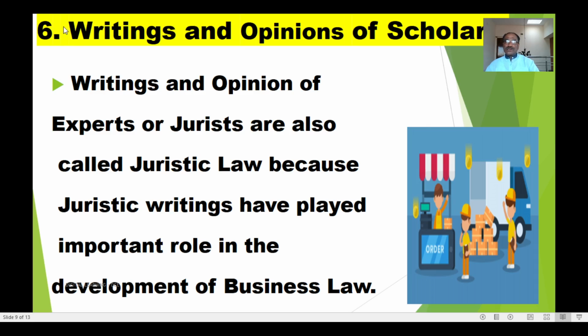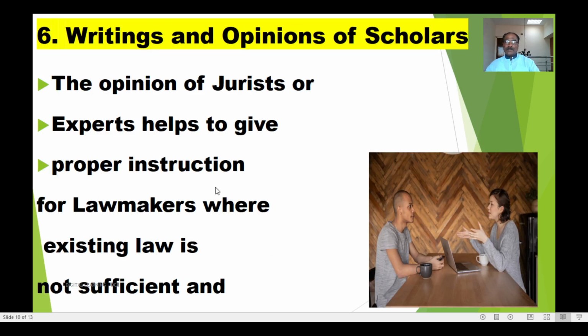And the last source of business law includes the writings and opinions of scholars. So what is called the writings and opinions of experts or jurists are also called juristic law, because juristic writings have played an important role in the development of business law.